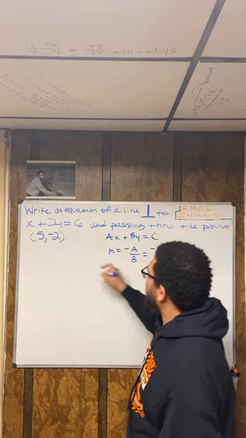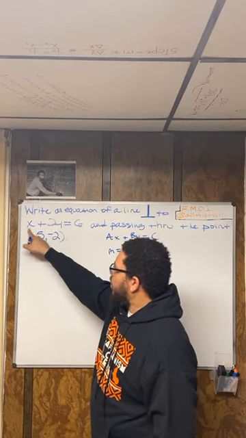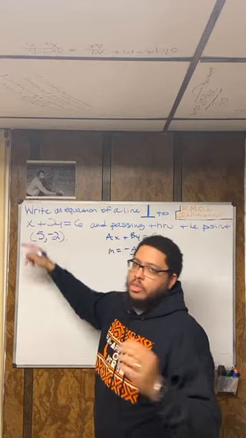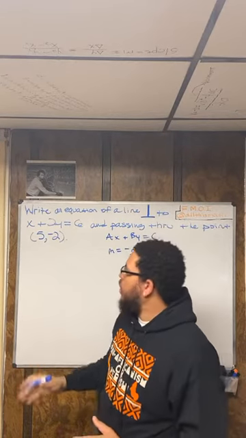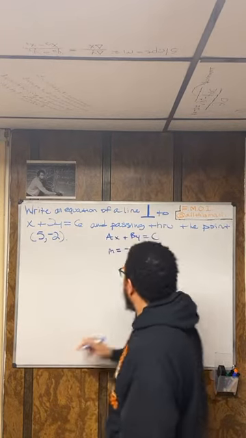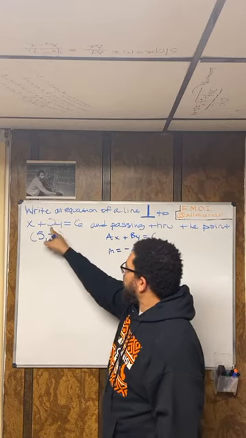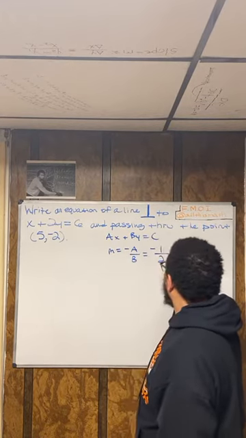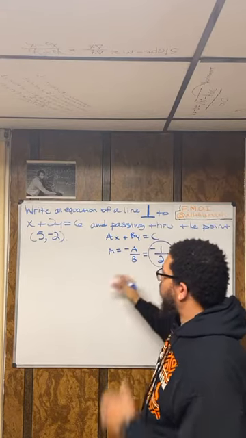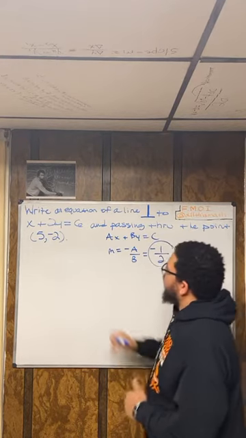So we have negative 1, not because x is 1, because we don't know what x is, but the coefficient of x is 1. So you put negative 1, and then b is going to be 2. So we got negative 1/2 for our slope. That's the slope of this line.